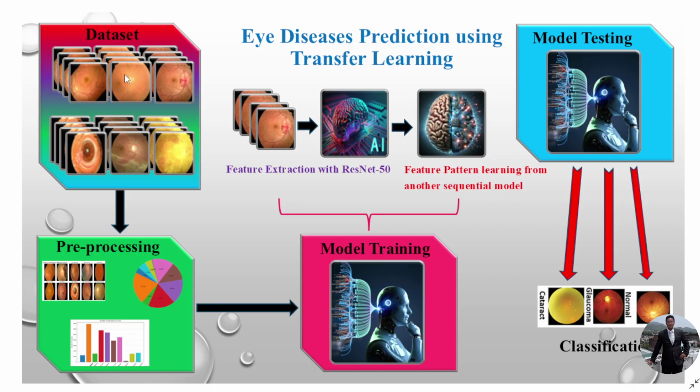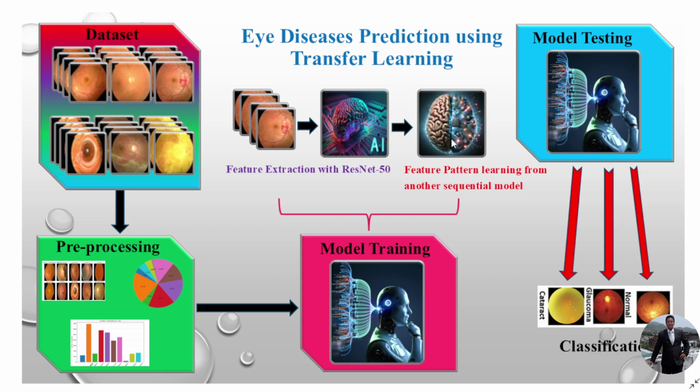In the model training part, we have a ResNet 50 model and another sequential model. Generally, here we are using two models. The first model is ResNet 50, whose function is to learn the features from the incoming images. Once these features are extracted, we pass them to another sequential model that we have created from scratch.